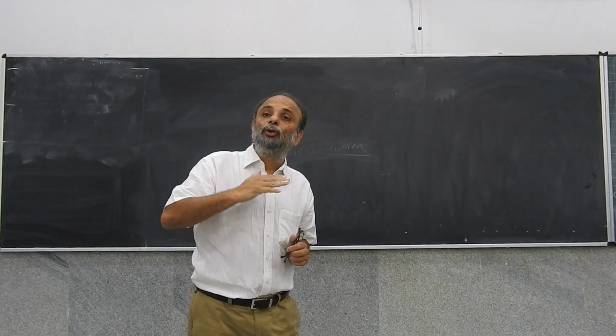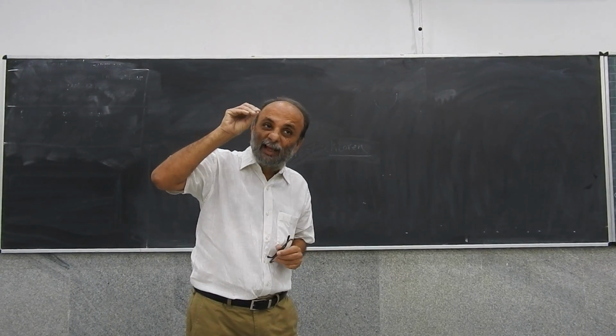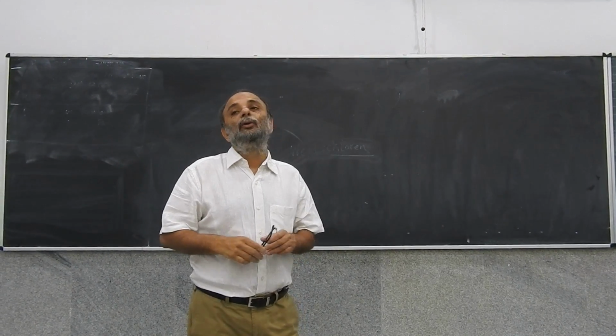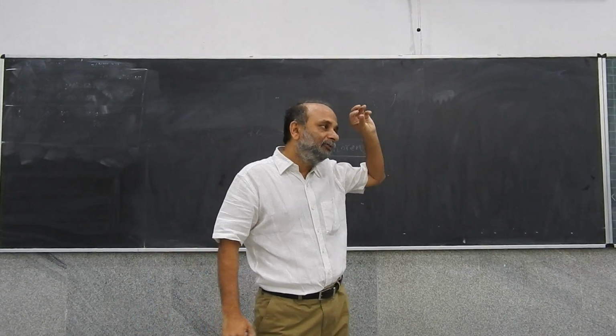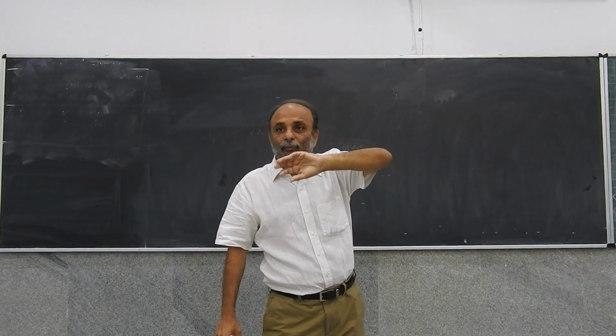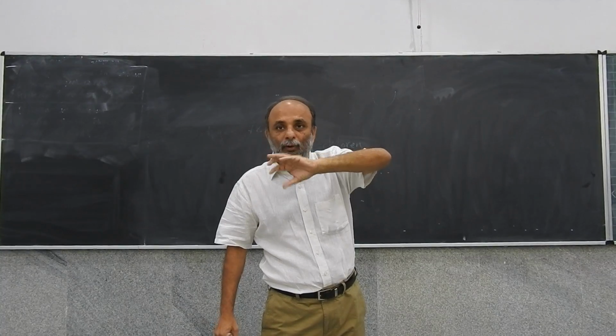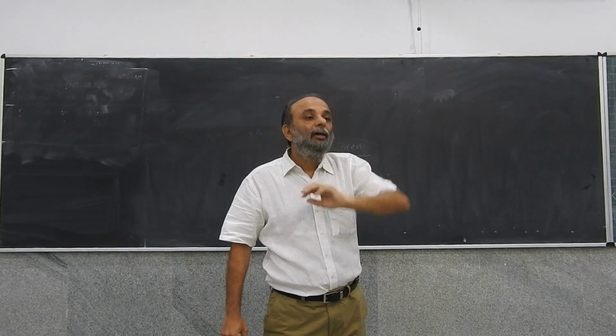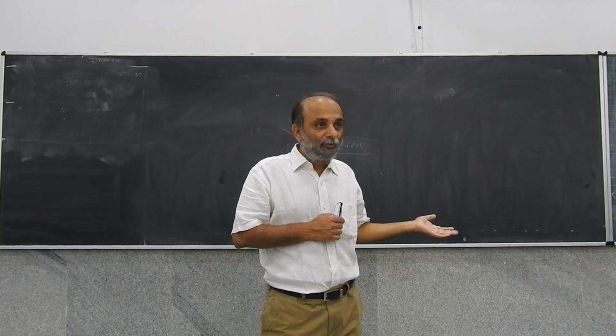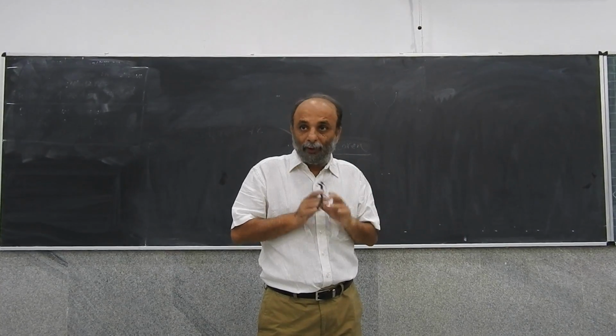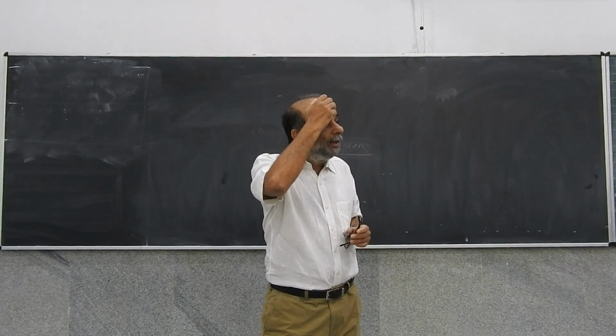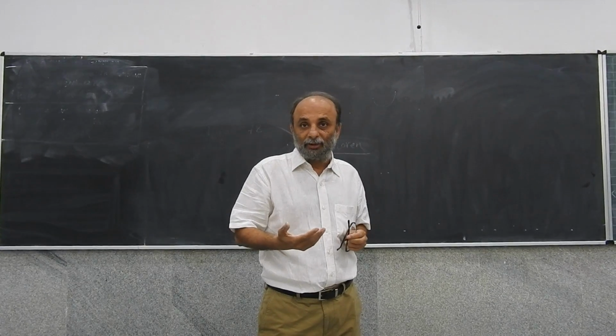Firm 1 does not know what is the exact type of firm 2. It only knows that firm 2 can be a high cost firm with a certain probability, and firm 2 can be a low cost firm with a certain probability. Firm 2 knows its type and the type of firm 1. Right? Okay? So therefore it's a case of asymmetric information.